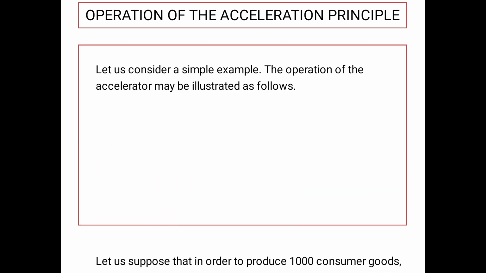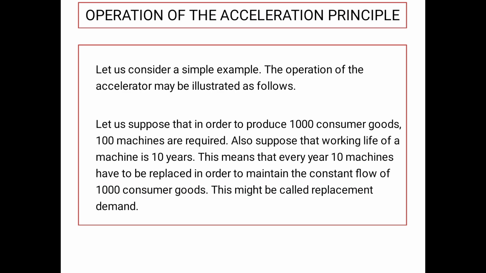Next, what is the operating principle of the accelerator? The accelerating principle has a diagram, an example, and an explanation. Here we can see an example. Suppose we have to produce 1000 consumer goods, for example 1000 books for the consumers, and 100 machines are required.